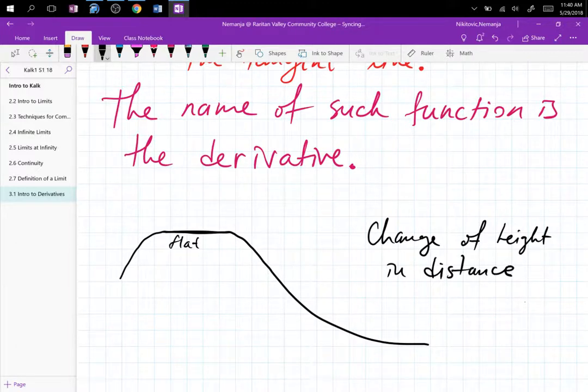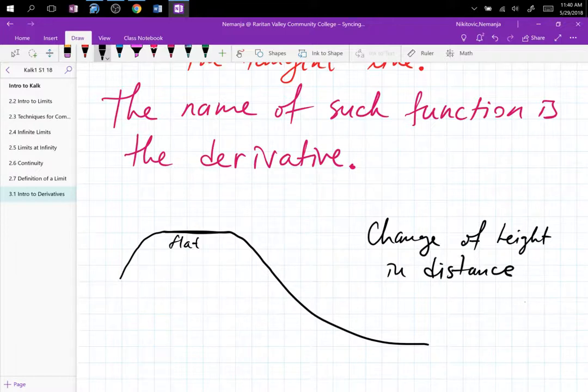First off, let's understand that if you are not moving forward in distance or time, or both, there will be no change in height. Can we understand that? Observe this cell phone. This cell phone is at a certain height right now. Let's call this height 6 feet from the floor. It's just there.